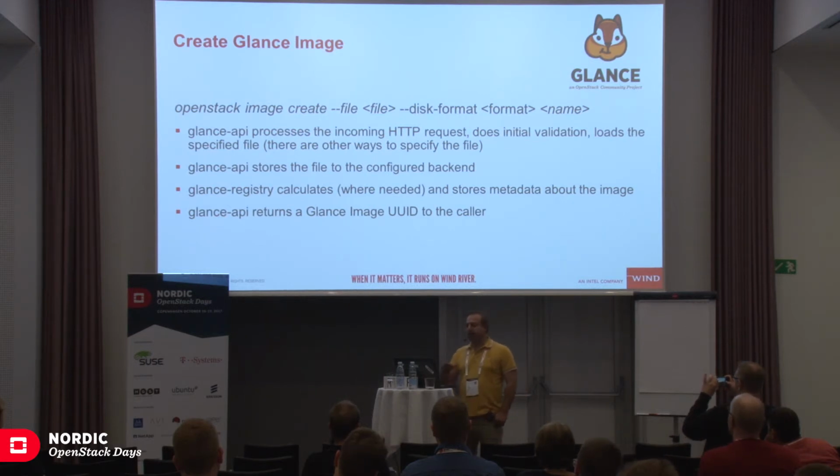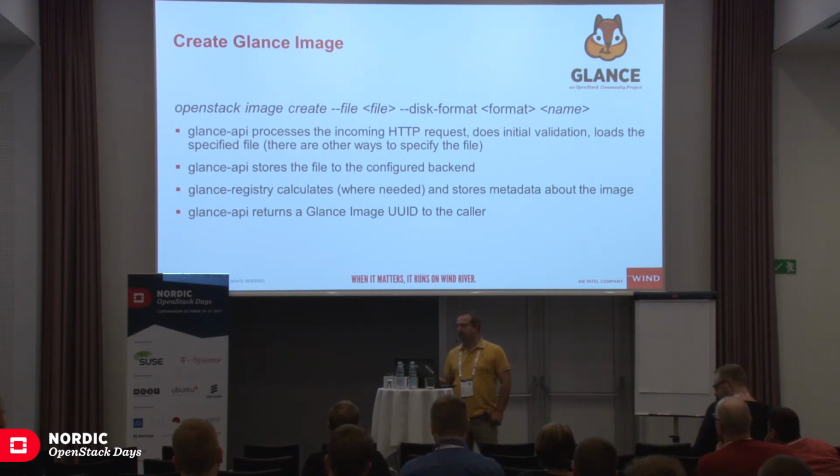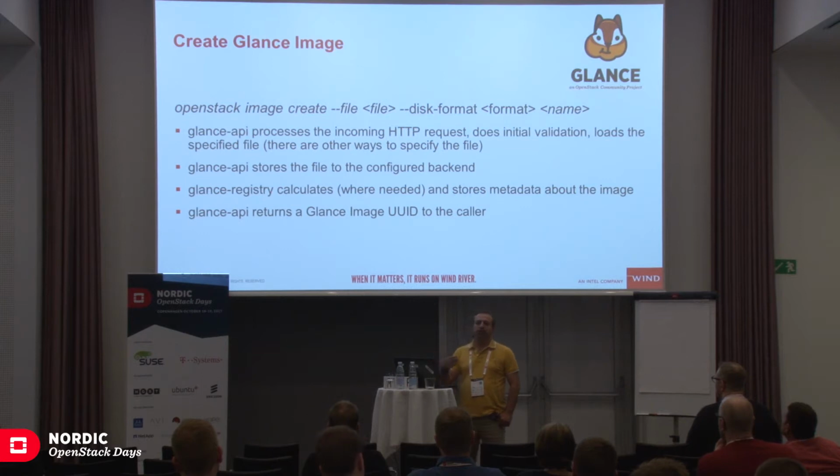As you can see in the command line, you specify the format you want, which can be raw, QCOW2, or other options. In the end, we give it a name, just for maintenance, so we can keep track of which image we are using, because otherwise you get a very big UUID that you want to avoid.